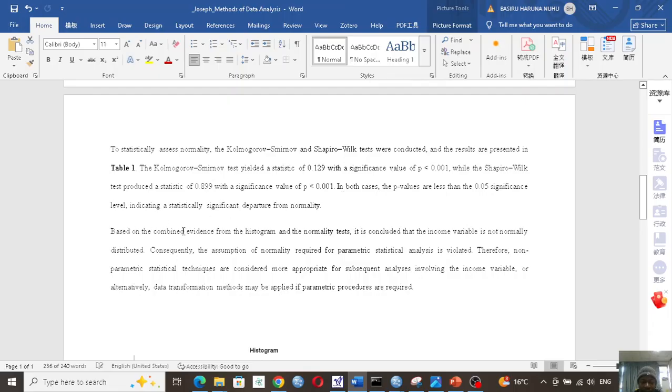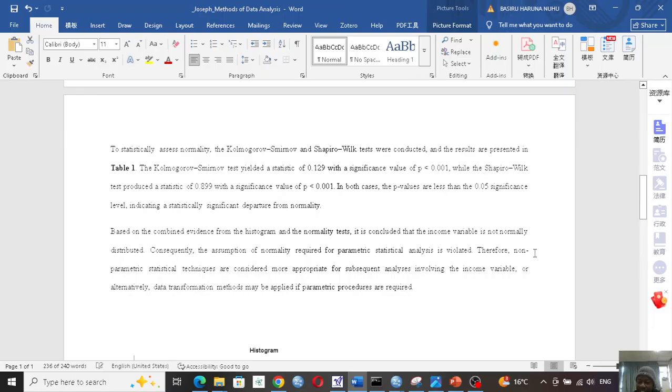So based on the combined evidence from histogram and normality test, it is concluded that the income variable is not normally distributed. Consequently, the assumption of normality required for parametric analysis is violated, so we can't use the parametric. Therefore, non-parametric statistical techniques are considered more appropriate for subsequent analysis involving the income.